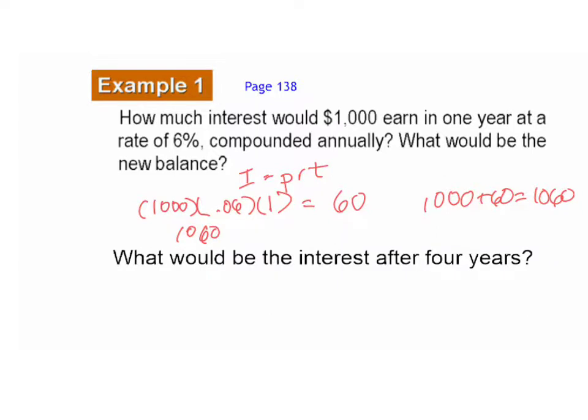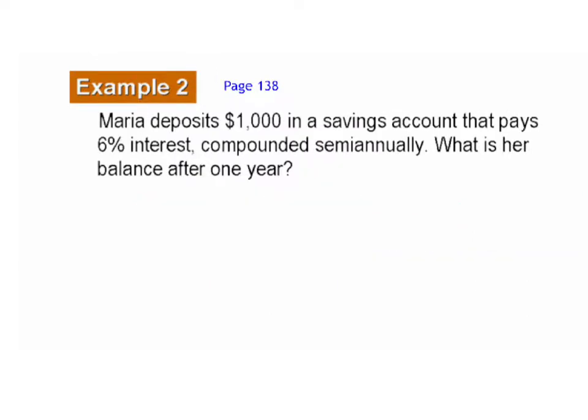All right. Example 2 says Maria deposits $1,000 in a savings account that pays 6% interest and is compounded semi-annually. That is twice a year. What is her balance after 1 year? So, again, we're going to use I equals PRT.